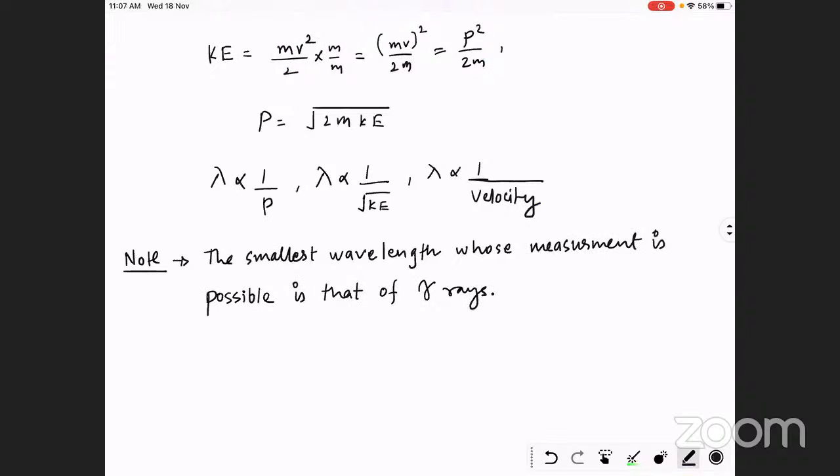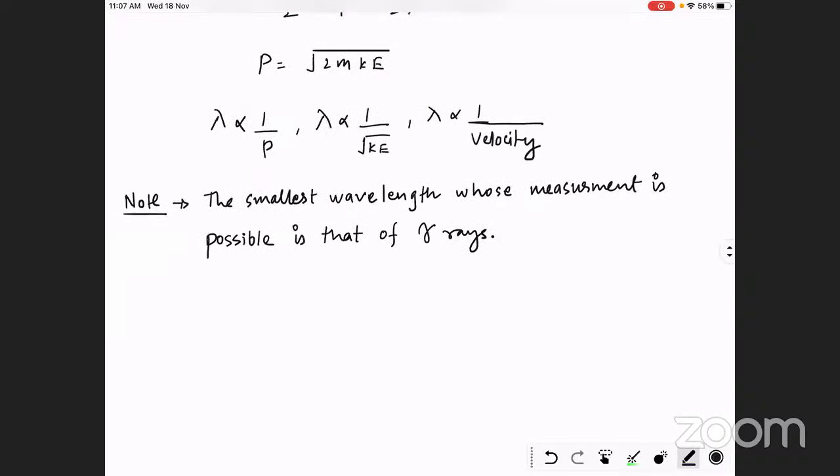Always remember this. And the wavelength of matter wave associated with microscopic particles like electron, proton, neutron, alpha particle is of the order of Angstrom.